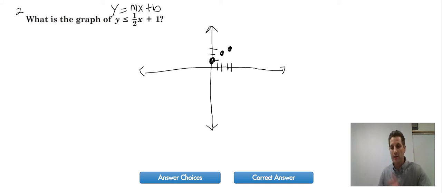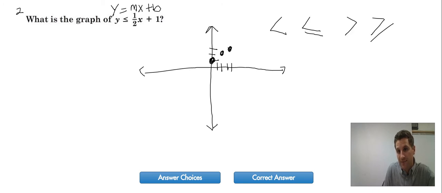Now the inequality tells me how I'm going to graph. So I want you to go ahead and write this out. We're going to do this sign with this sign, and then we're going to do this sign with this sign. Now, if there is no equal bar, it's going to be a dashed line. So this is dashed. This is solid.